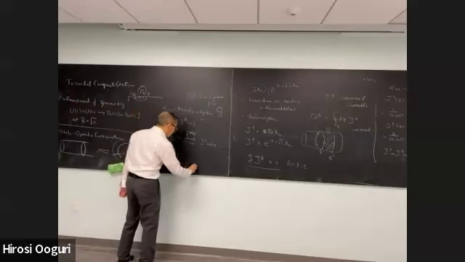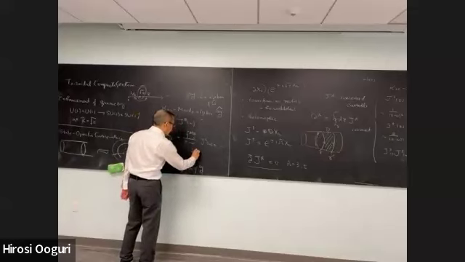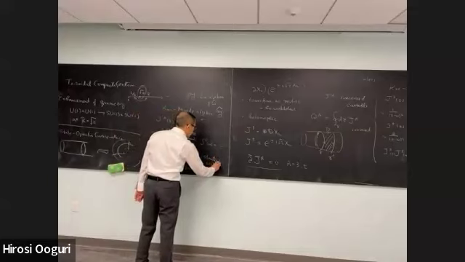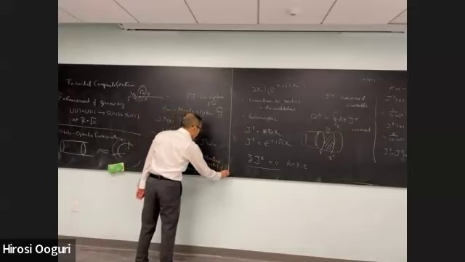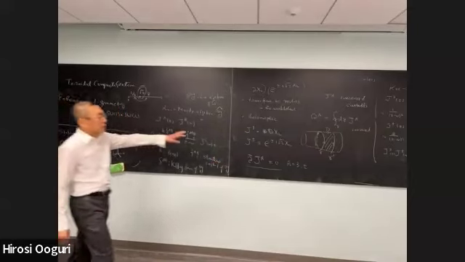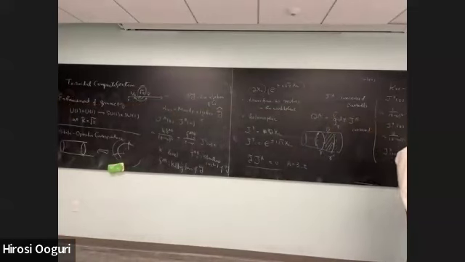This delta^AB is the Killing form of this Lie algebra, and f^ABC is the structure constant of this Lie algebra. Okay, so this is a special case of the Kac-Moody algebra where the algebra we are considering is SU2.